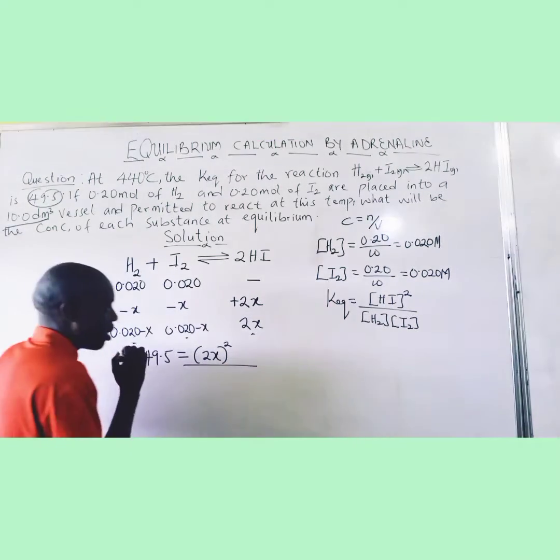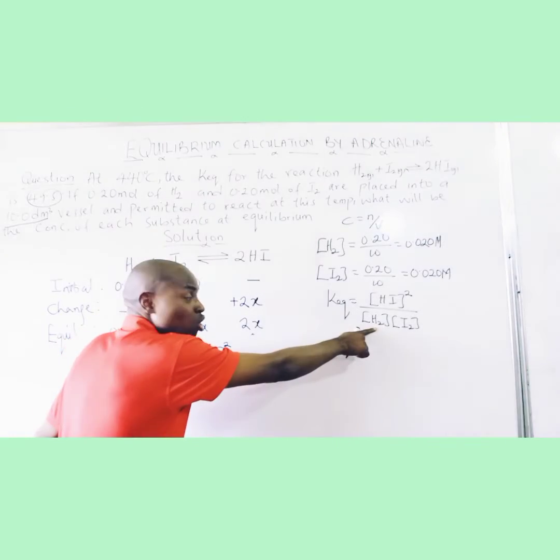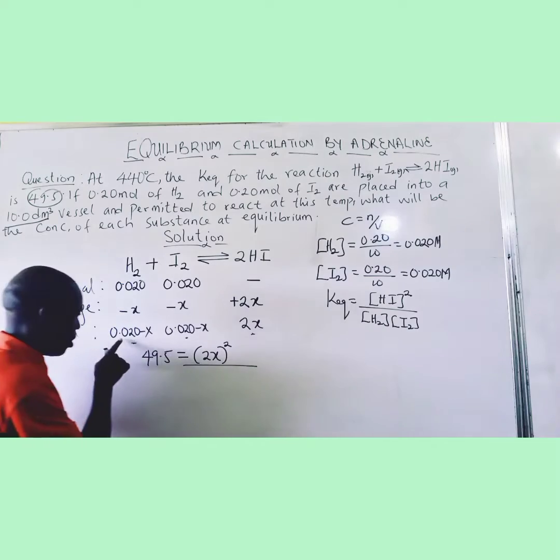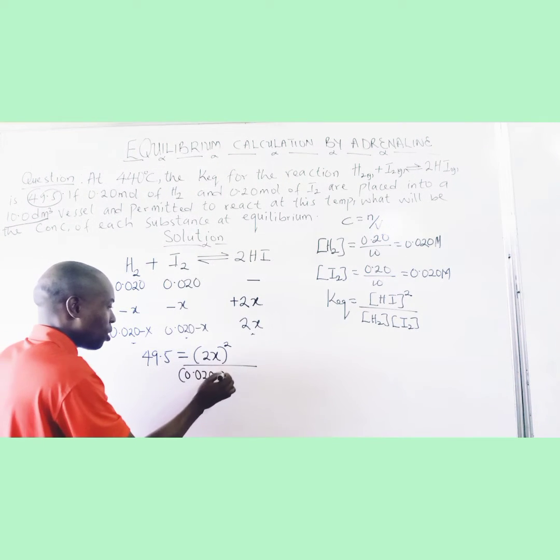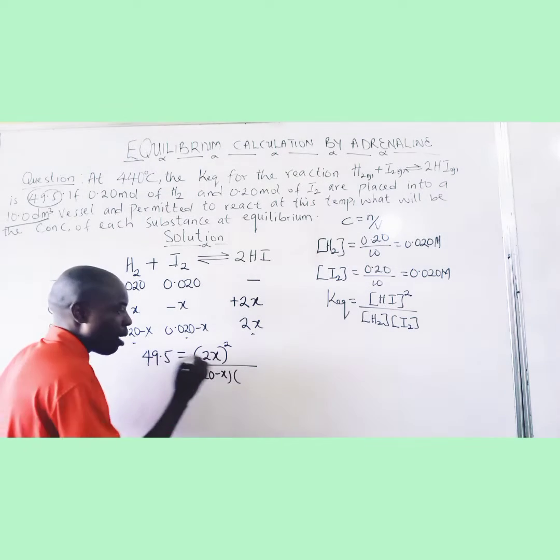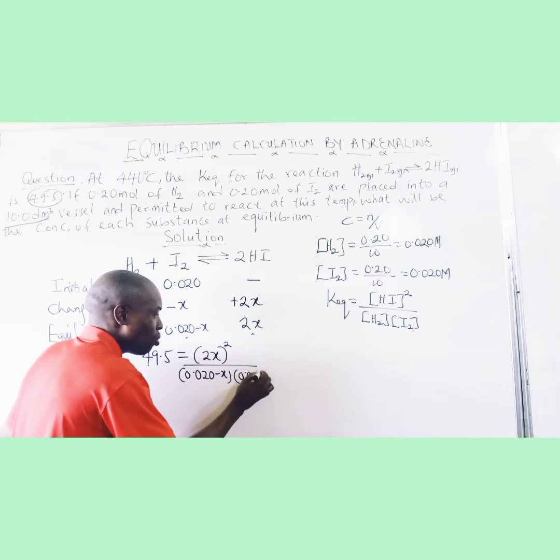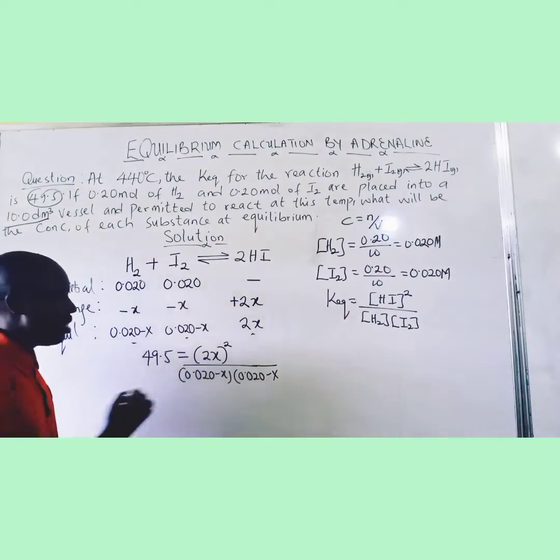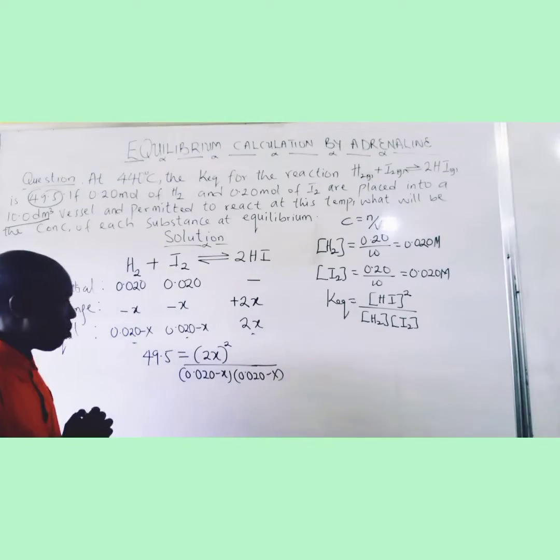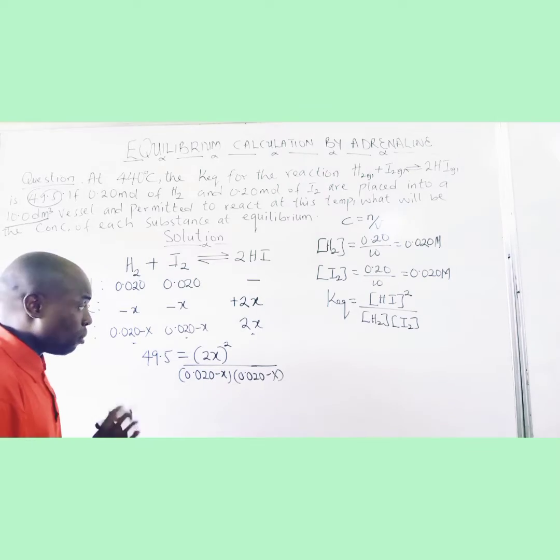Move straight down here for the concentration of hydrogen, which is 0.020 minus x, multiplied by 0.020 minus x. You see how easy it is. Close bracket. Very simple.